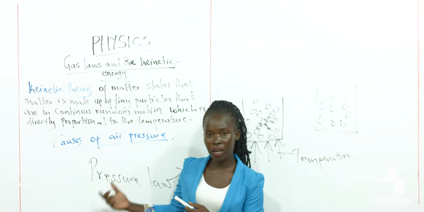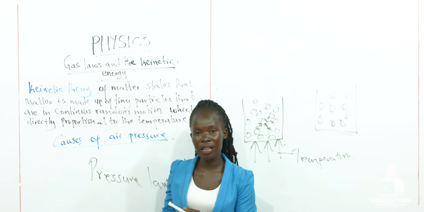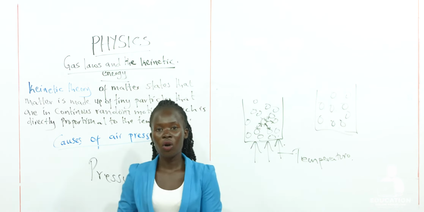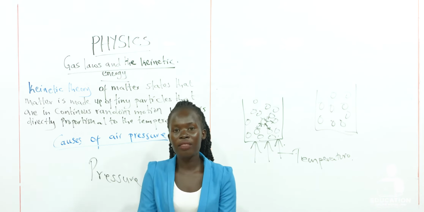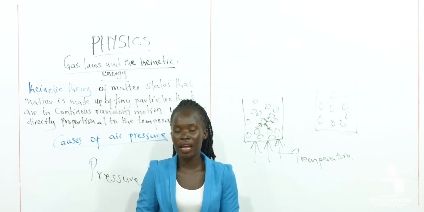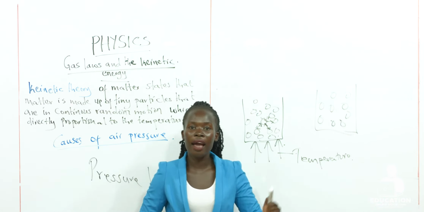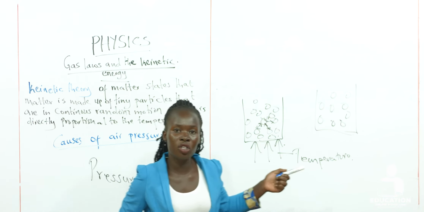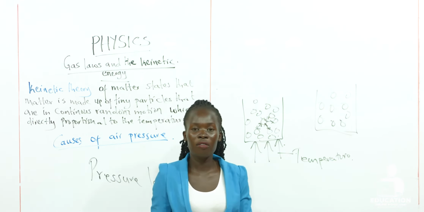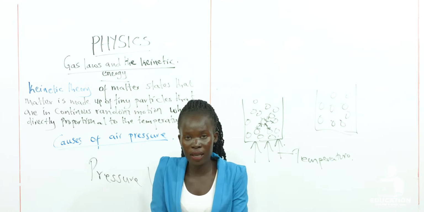So when you increase the kinetic energy, these molecules collide more frequently. And when they collide more frequently, there will be high pressure, because you've increased the rate of change of momentum of these molecules per second.